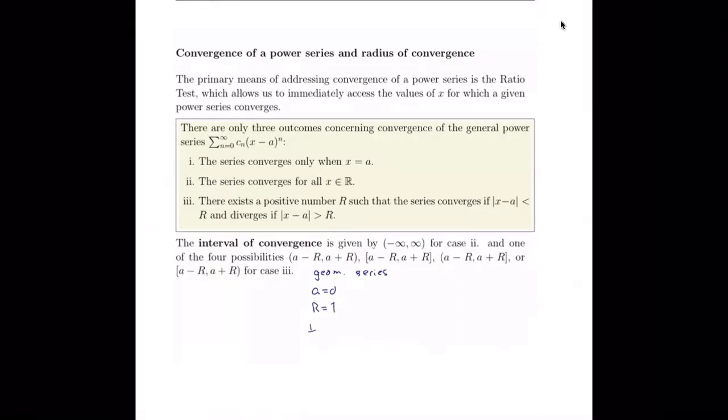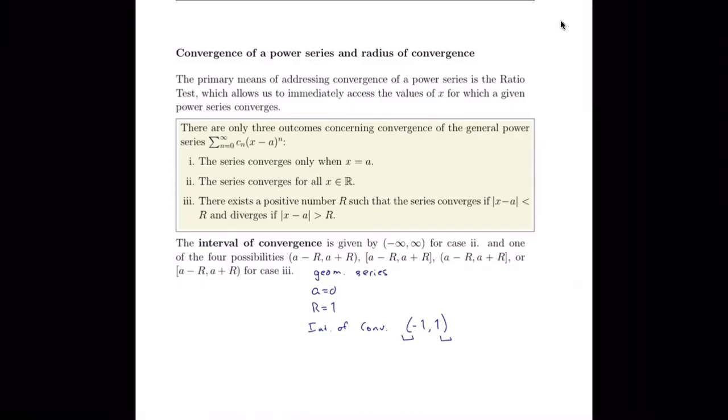So then our interval of convergence comes out to -1 to 1. Now in the case of the geometric series, we know that we don't include these endpoints. That's been proven to us in previous work, so we know they're not included.